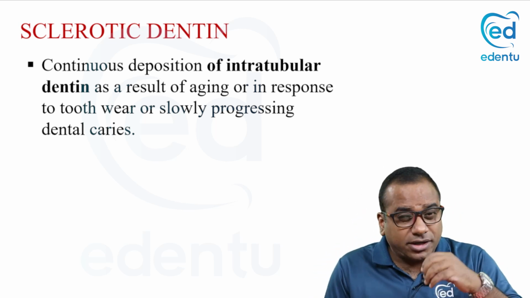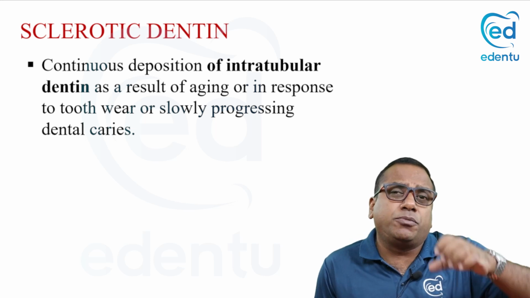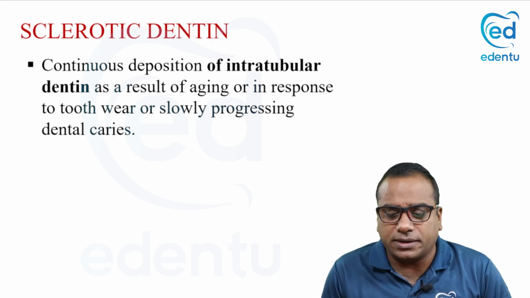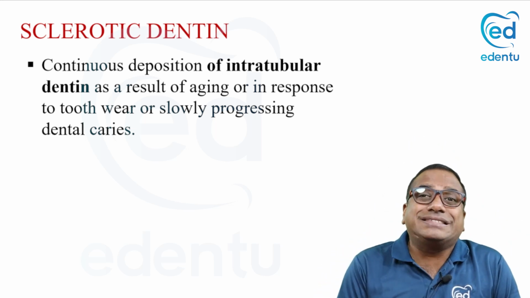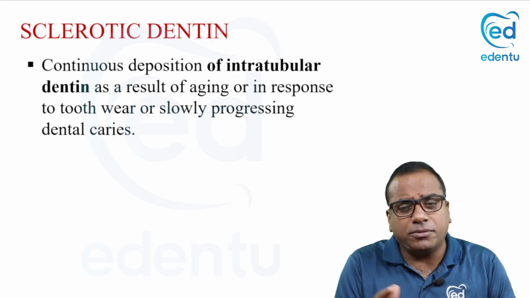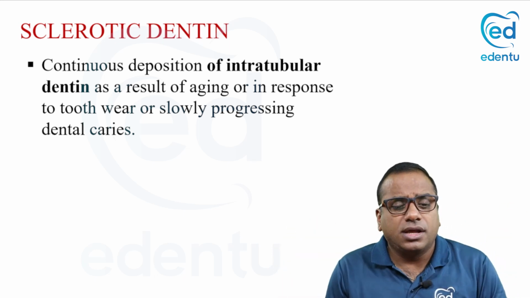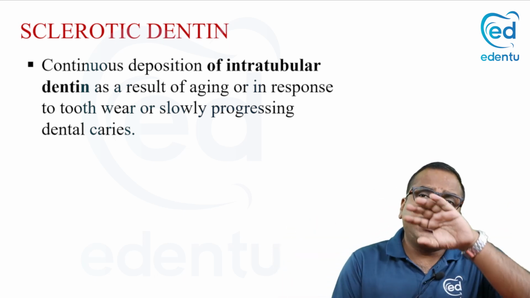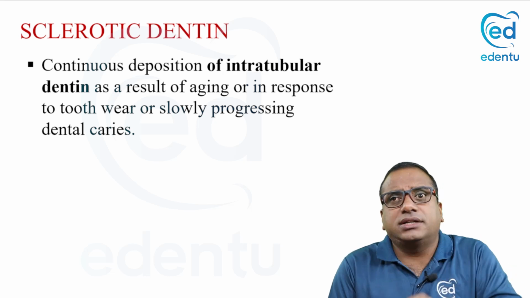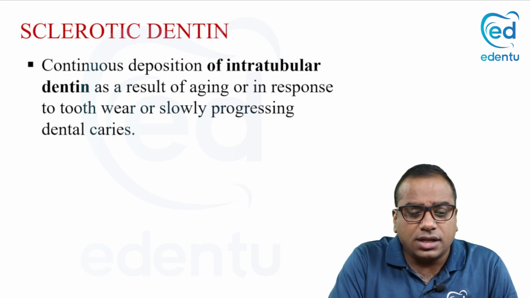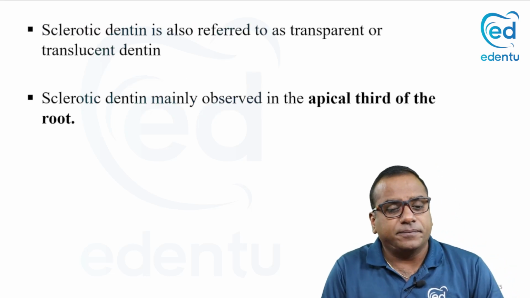And if it continues, it will obliterate the tubules. The whole tubule will get blocked. So that is called sclerotic dentin. Because of excessive deposition of intratubular dentin, the dentinal tubules get shrunken, obliterated and blocked. That is sclerotic dentin.